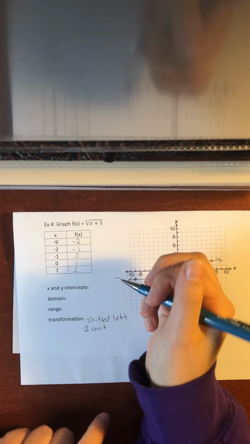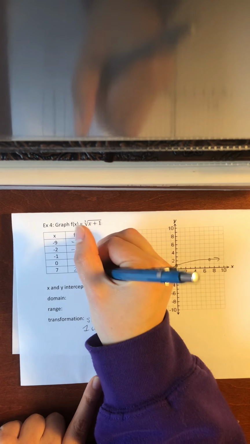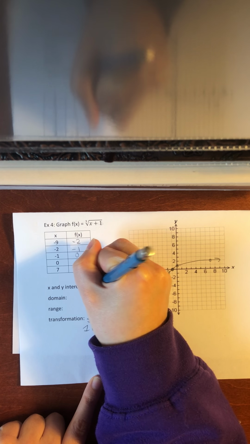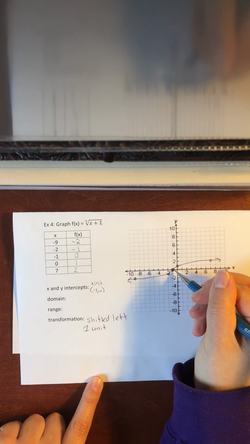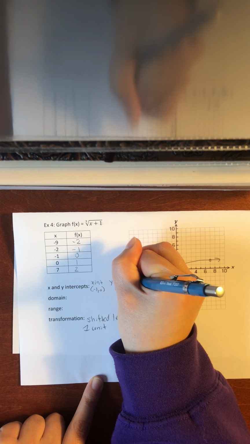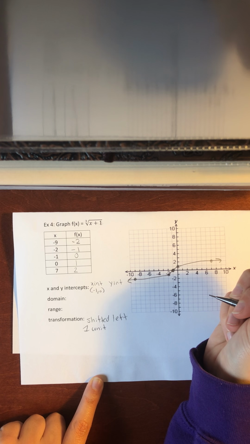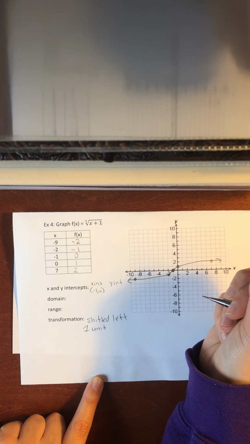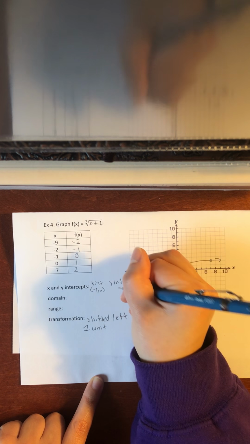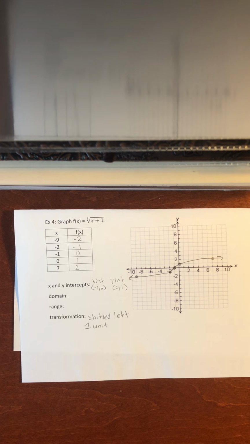Okay, X-intercepts. X-intercept is negative 1, 0. It's where it's crossing that x-axis. Y-intercept is this point, so that's 0, 1. Okay.